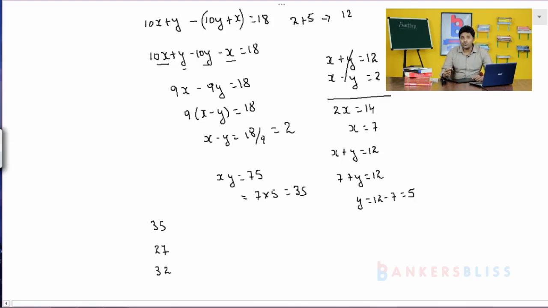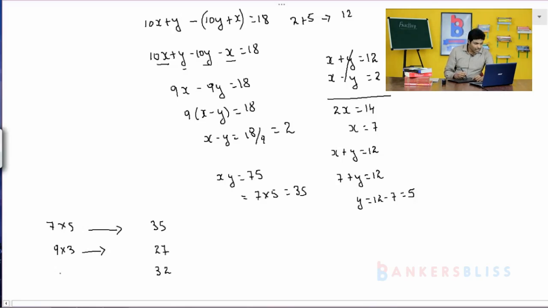So, you multiply two numbers so that you get the product as 35. What are the numbers you have to multiply? 5 into 7, 7 into 5, that is 35. For 27, 9 into 3, 27.